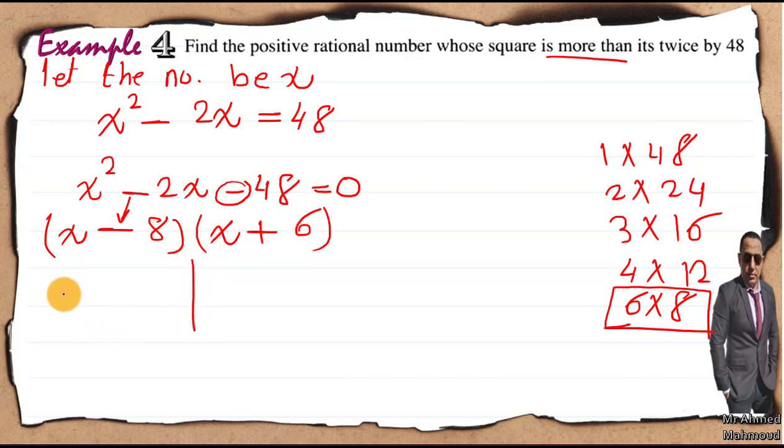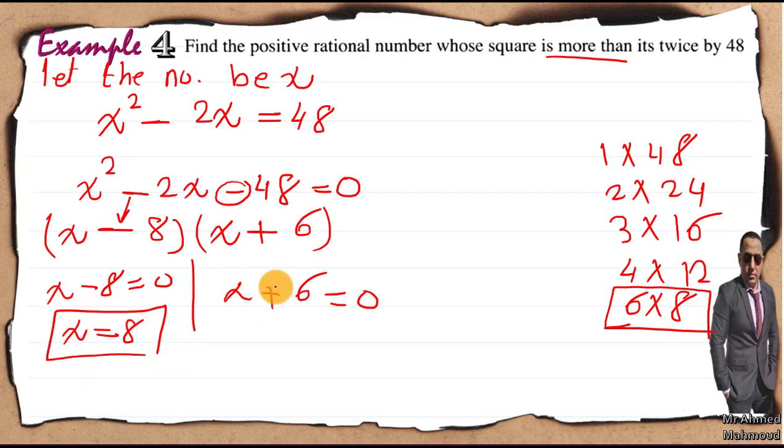Okay, x minus 8 equals 0 and x plus 6 equals 0. By sending 8 to the right side, x equals 8. By sending 6 to the right side, x equals negative 6.